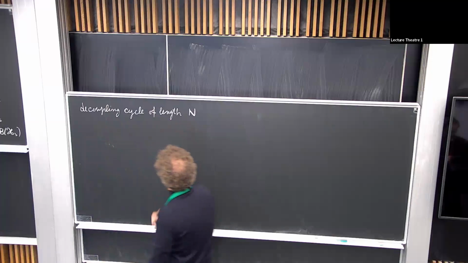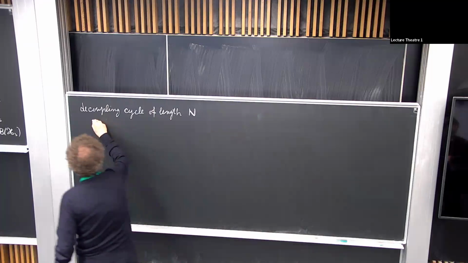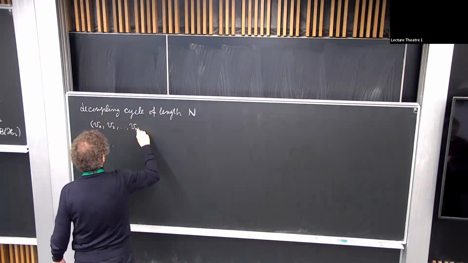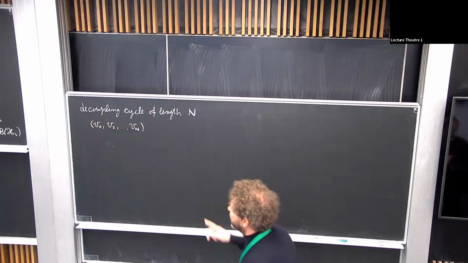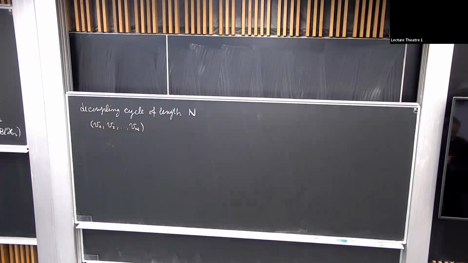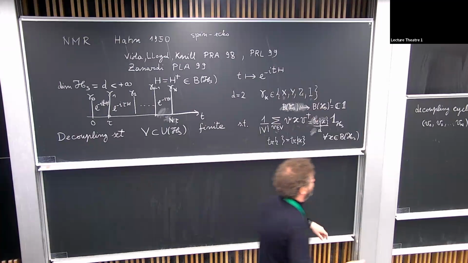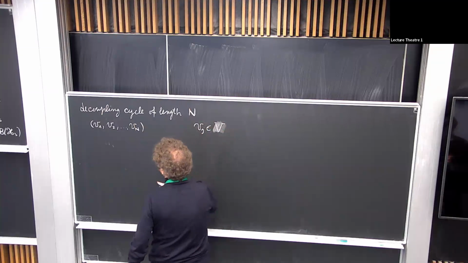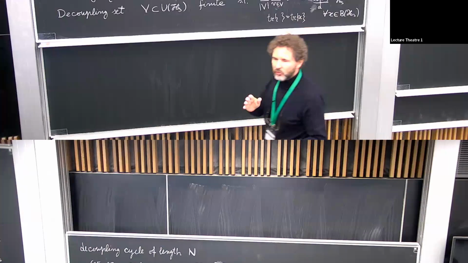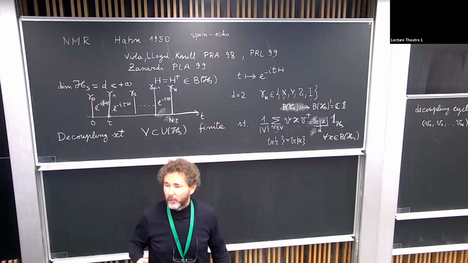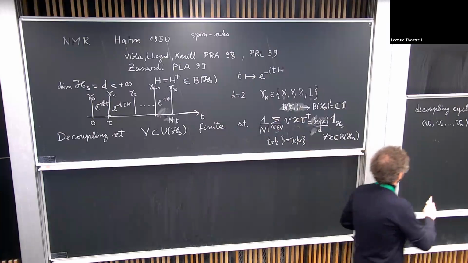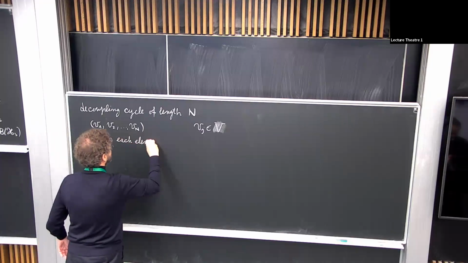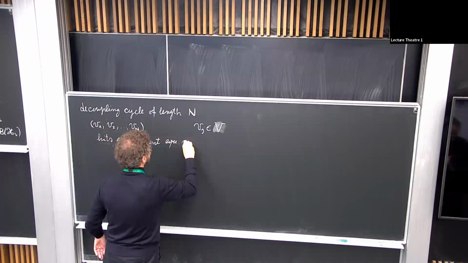So, what is a decoupling cycle of length L? This is essentially a finite sequence V1, V2, up to Vn, such that the elements are elements of the decoupling set, and the sequence hits each element an equal number of times.